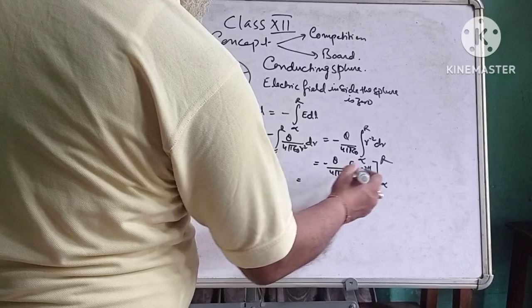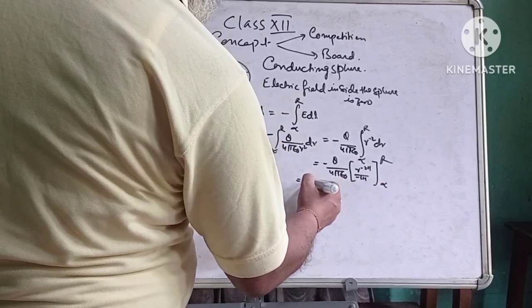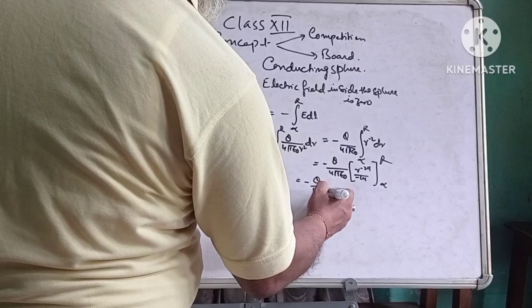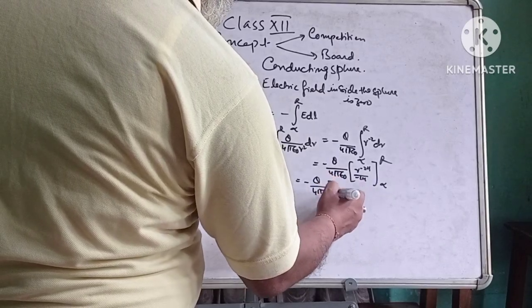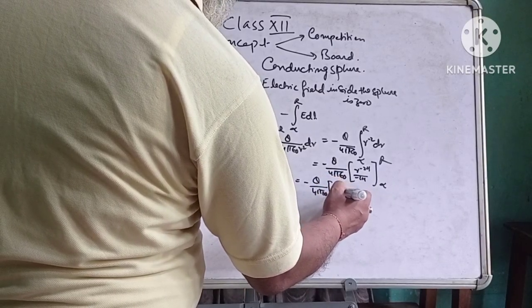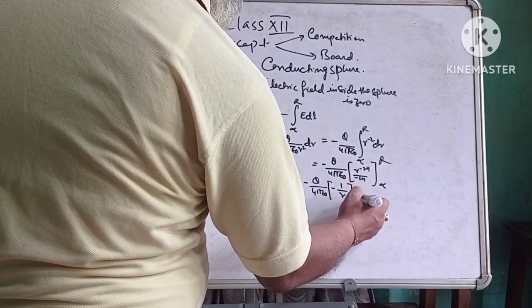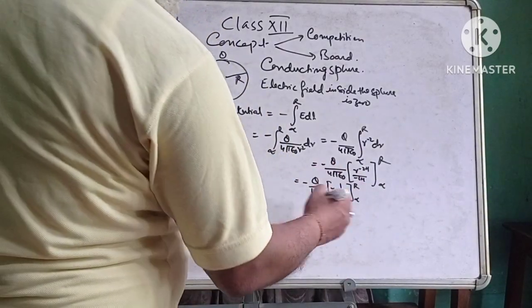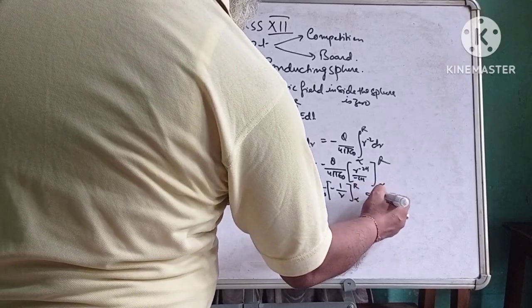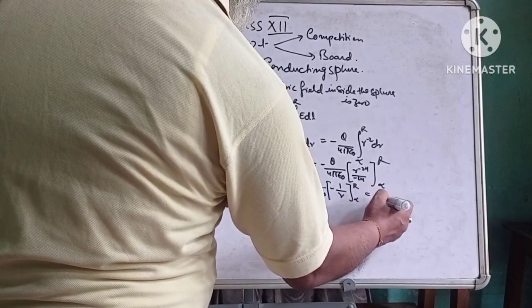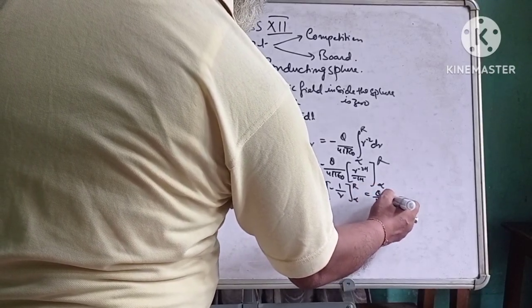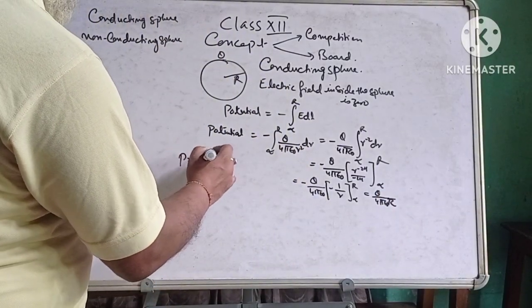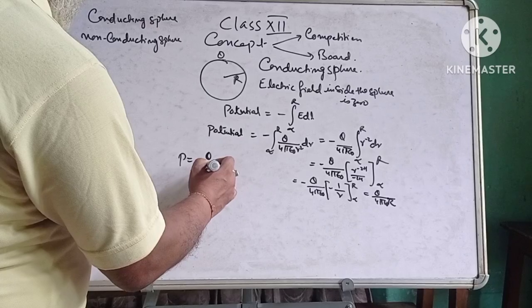This will be minus q by 4 pi epsilon naught times minus 1 by r, infinity to r. So applying the upper limit, this comes out to be q by 4 pi epsilon naught r. So here you see that the potential is q by 4 pi epsilon naught r.